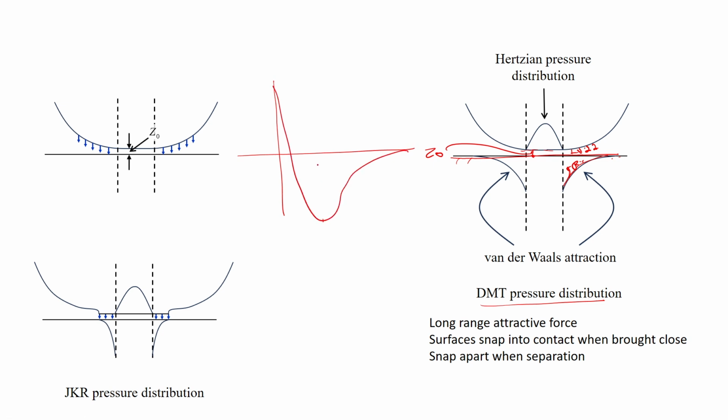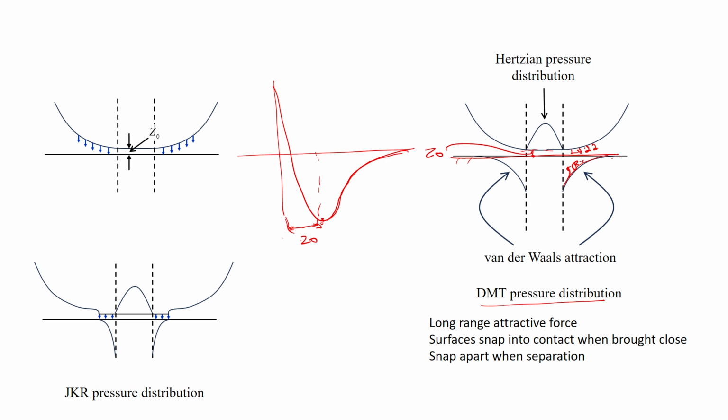There is an equilibrium distance, beyond which there is repulsion, and in this portion there is attraction. So Z0 corresponds to this equilibrium separation distance. When you bring two bodies in contact, do not think the distance is 0. There is a finite distance, Z0, determined by the Lennard-Jones potential for perfectly smooth surfaces.